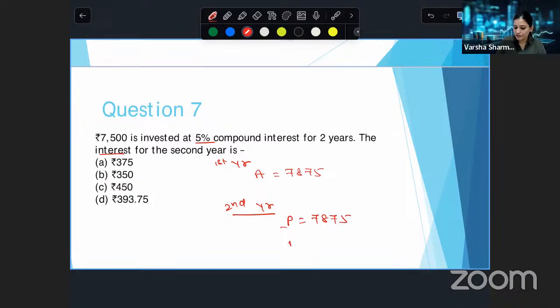Now we find out the interest. 7,875 into 5%, 393.75. Option. Clear? Understood? So this question taught us one thing, all of us. Read the question very carefully.